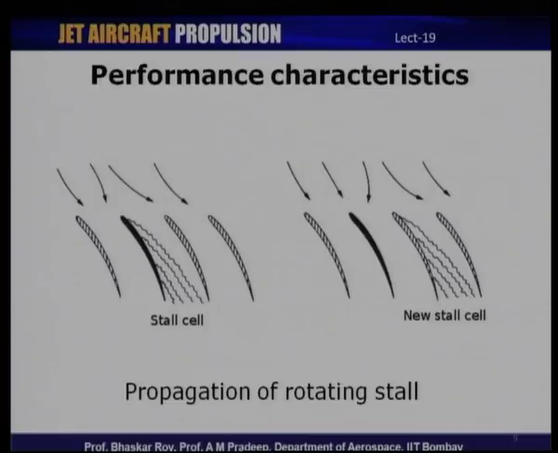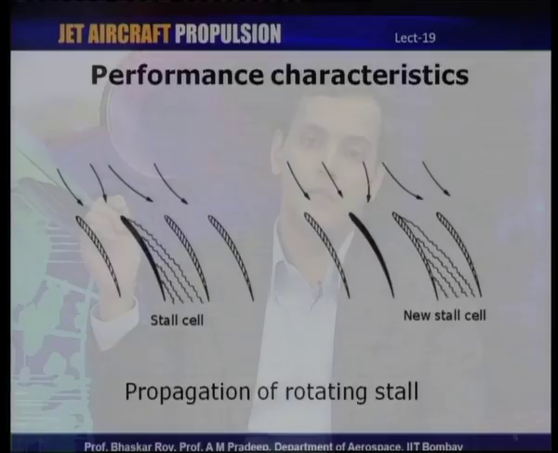So, rotating stall is the other instability that could affect the performance of a centrifugal compressor, besides surge and choking on the other side, that is, the performance characteristics get limited on account of the occurrence of these instabilities.